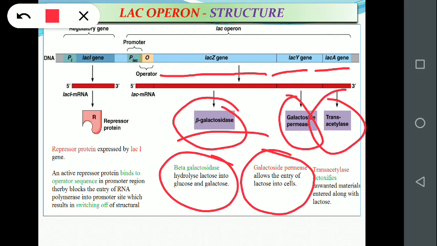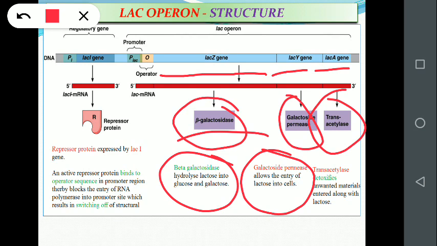Okay, the bacteria is living in an environment where, suppose there are some toxic elements, those toxic elements may also enter into the cell through the permease protein.